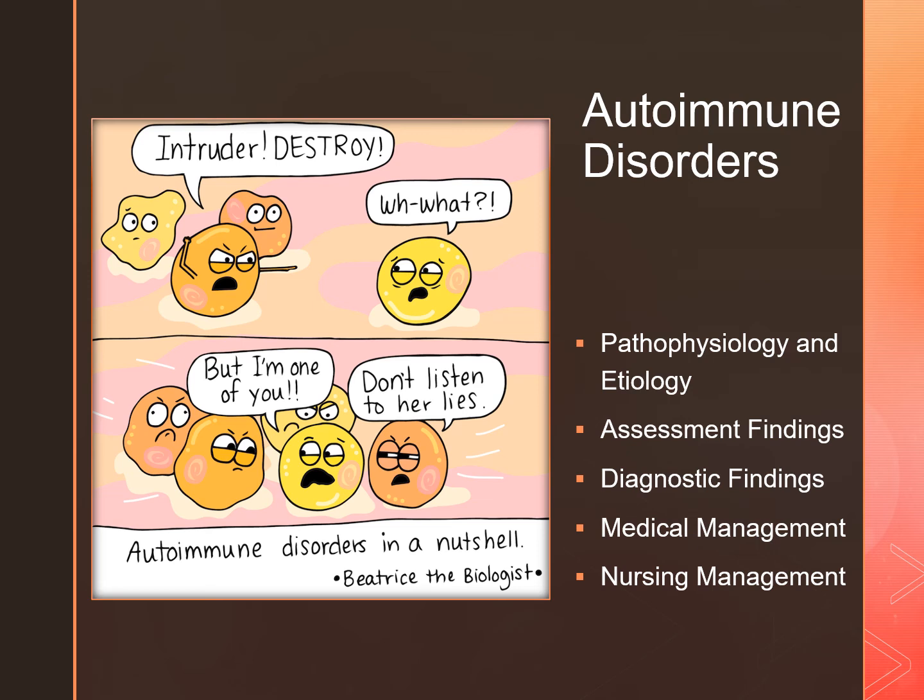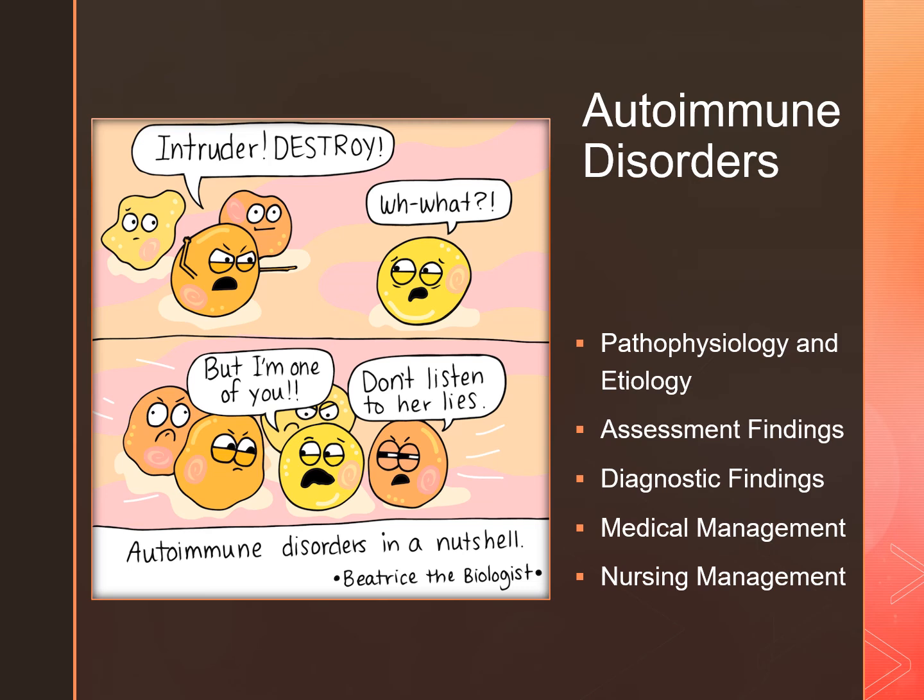These clients with autoimmune disorders have symptoms that depend on the tissues and organs that are affected. These symptoms are characteristic of an acute inflammatory response. They may experience a low-grade fever, malaise, fatigue, and weight loss. Inflammatory symptoms may develop as antibodies attack normal tissue that's mistakenly identified as non-self.